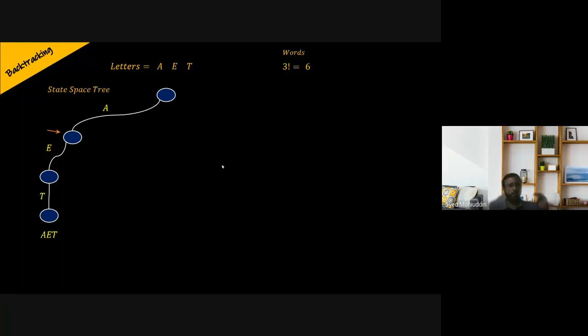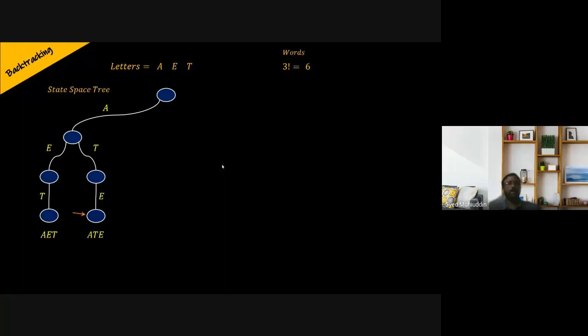Now, from A, we used E. We can have the second letter as T also. So we create a child of that problem state. Then from T, the third letter can be E. So when we start from the root node and traverse this path along the edges, we get the word ATE.